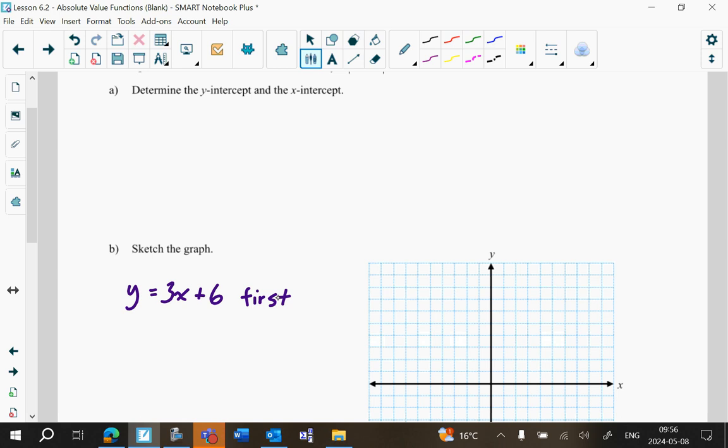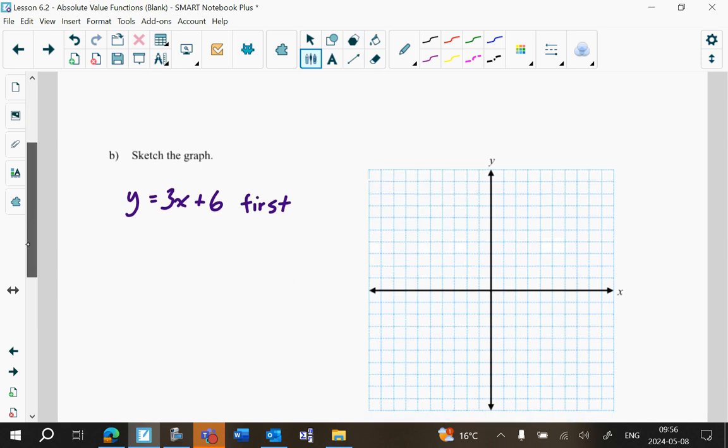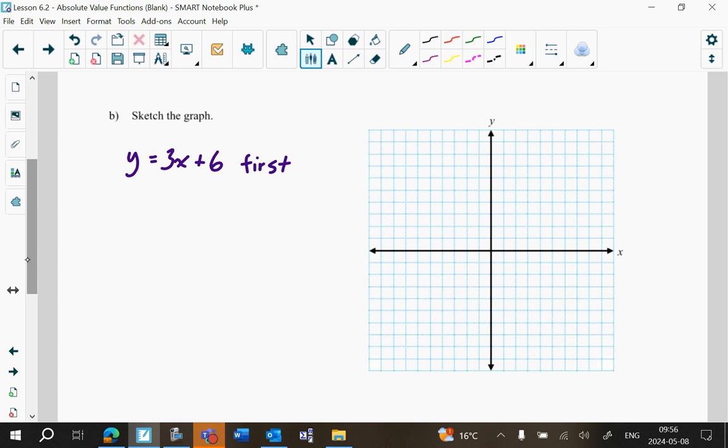Do you remember how to graph these ones? This is back from grade 10. Do you remember a certain formula we learned in grade 10 on how to graph lines?